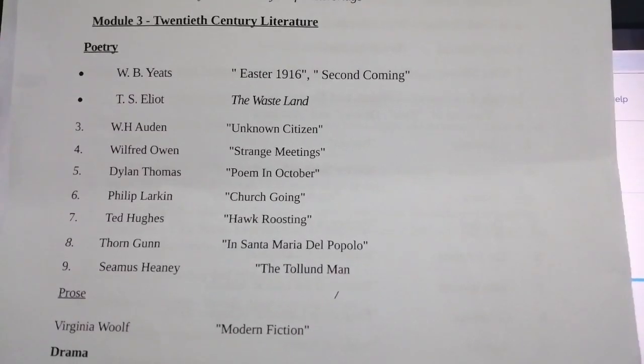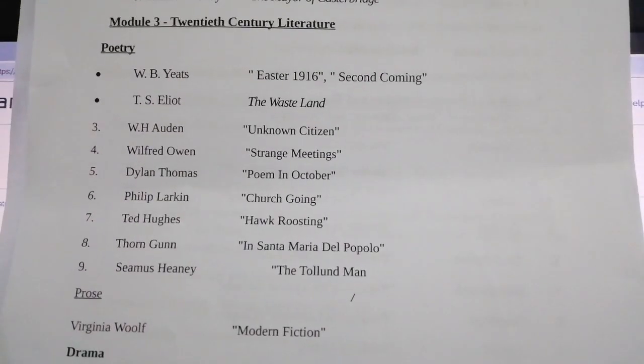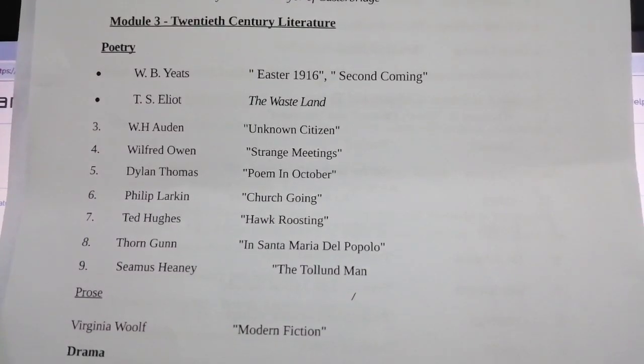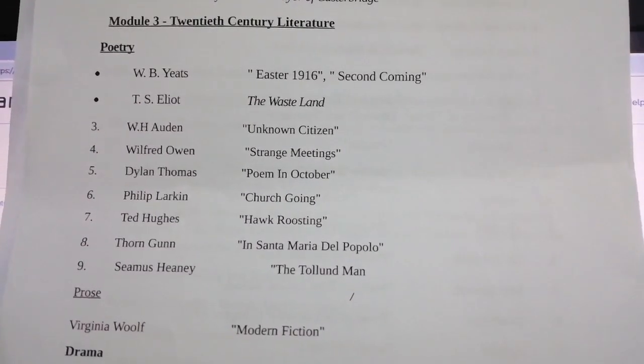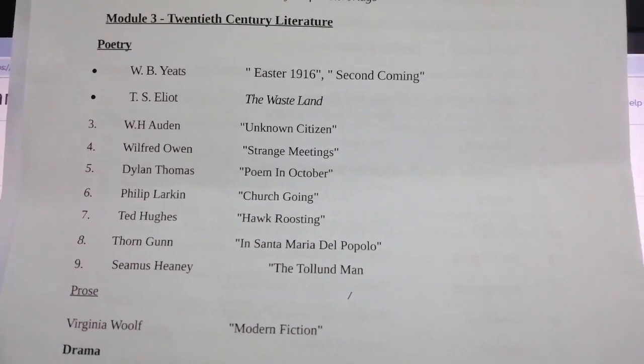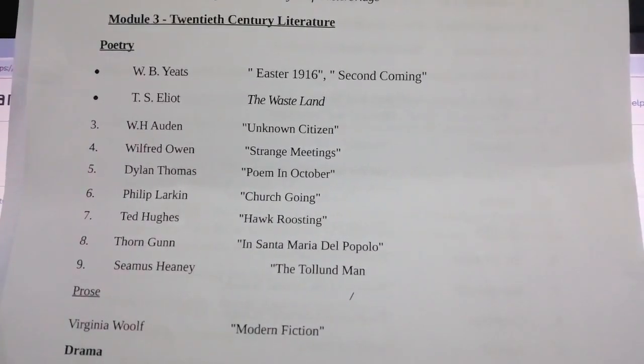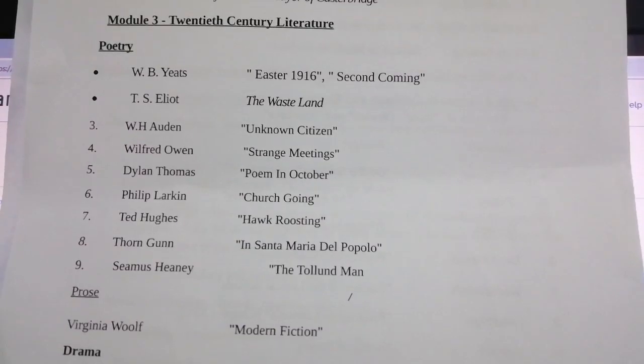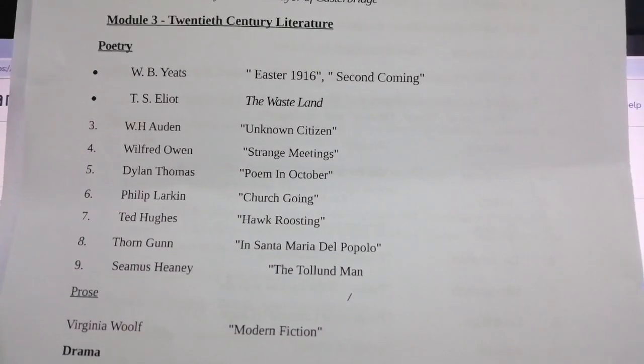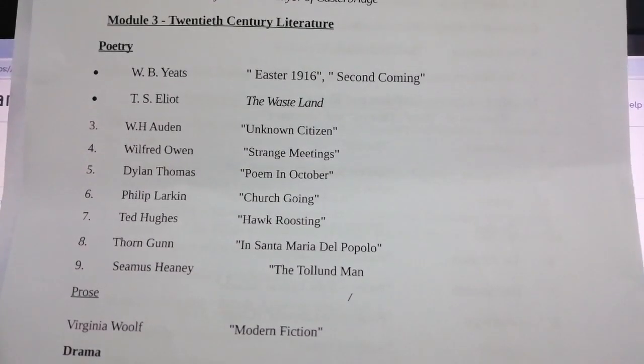And The Waste Land, a beautiful poem from T.S. Eliot. And W.H. Auden's The Unknown Citizen, Wilfred Owen, Strange Meeting, Dylan Thomas, Poem in October, also included. And Philip Larkin, Church Going, Ted Hughes, Hawk Roosting, Thom Gunn, In Santa Maria del Popolo, also included in the poetry. And the last one, Seamus Heaney, The Tollund Man, also included in the poetry section.